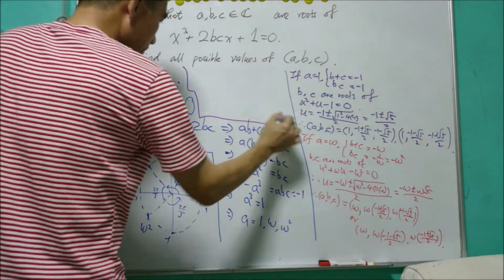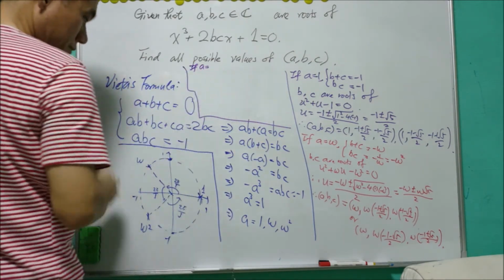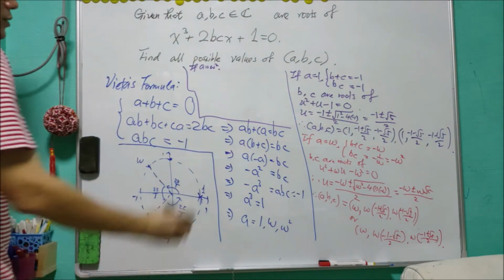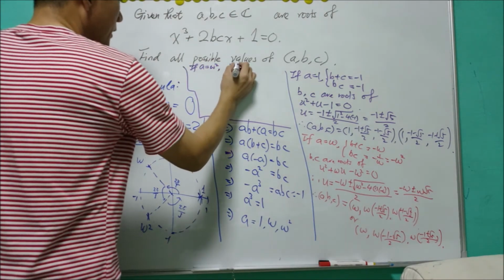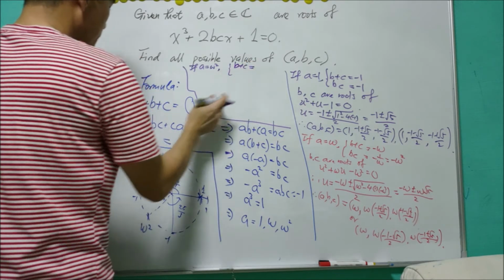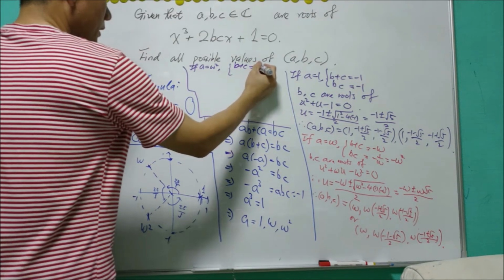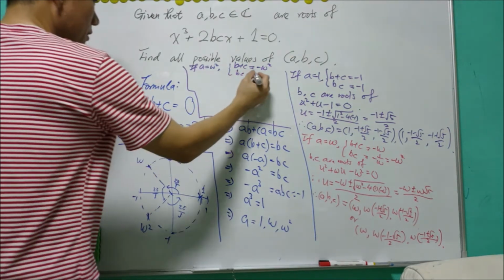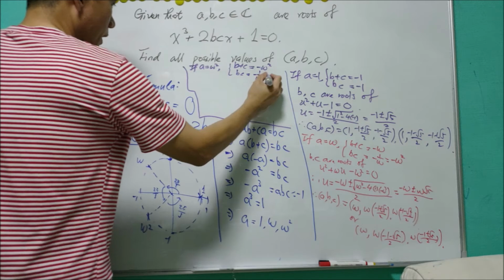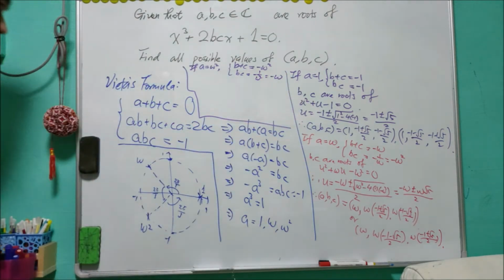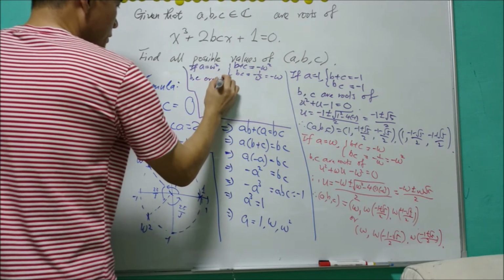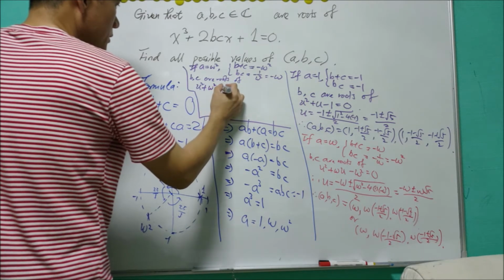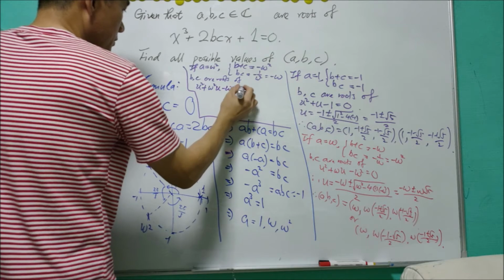Lastly, if a equals w squared, then b plus c is equal to negative a, that is negative w squared. bc is equal to negative 1 over a and equals negative w. So b and c are roots of u squared plus w squared u minus w equals 0.